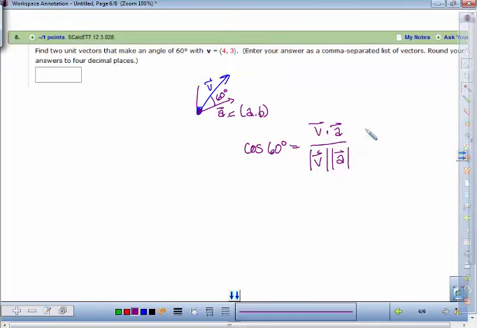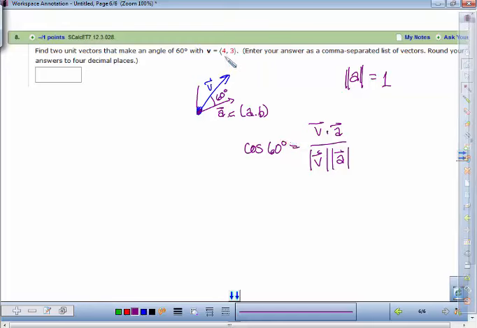And then since A is a unit vector, let's assume that the magnitude is equal to 1. And if it's a unit vector, that means A squared plus B squared is equal to 1, right, because of the magnitude business. And so we might need that information later on.